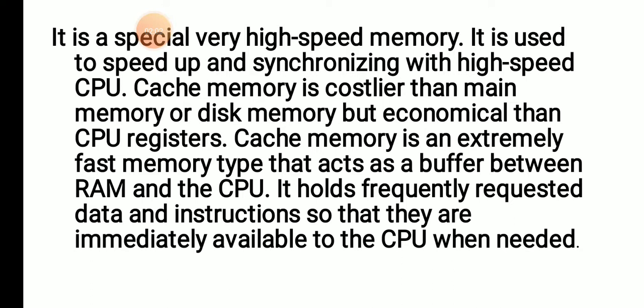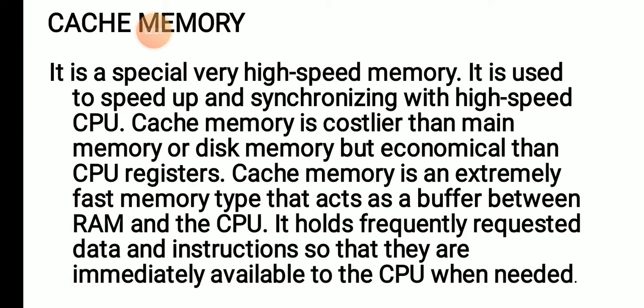You can take one example. If you want to browse a page through the internet, whatever you are typing will open very fast. At that time, cache memory opens that process.